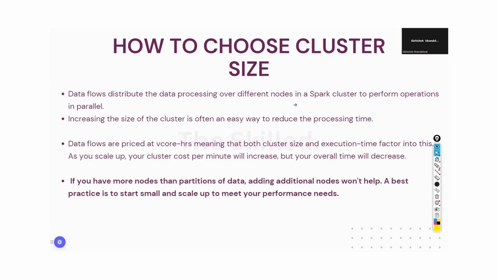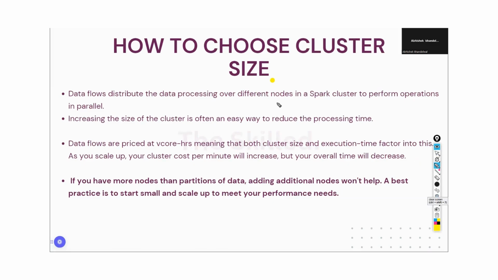Data flow means distributed data processing over different nodes. As I explained, whenever we have jobs running on a Spark cluster, they are divided into different nodes so that they can run in parallel. Increasing the size of the cluster, meaning increasing the number of nodes, helps us reduce the processing time.